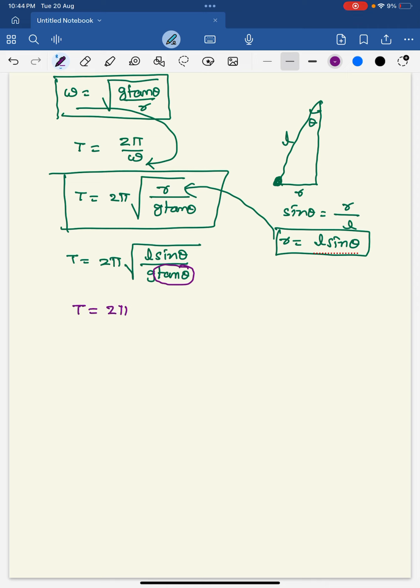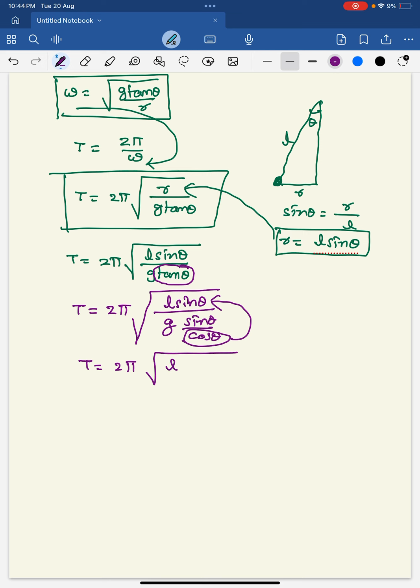T is equal to 2 pi root L sine theta by g into sine theta by cos theta. This cos theta goes to the numerator. Therefore T is equal to 2 pi root L into sine theta into cos theta by g into sine theta.